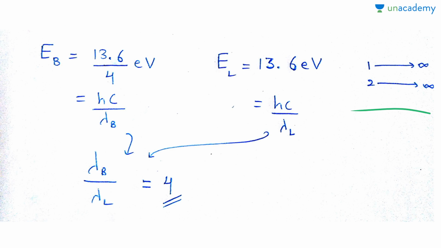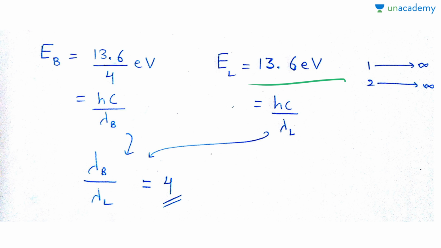So what does the basic formula say? The energy associated with Balmer will be 13.6 upon 2 square minus 1 upon infinity square, that will become 0. So 2 square is 4, so 13.6 upon 4 electron volt, and for Lyman it will become 13.6 upon 1 square, that is 1 only, so 13.6.